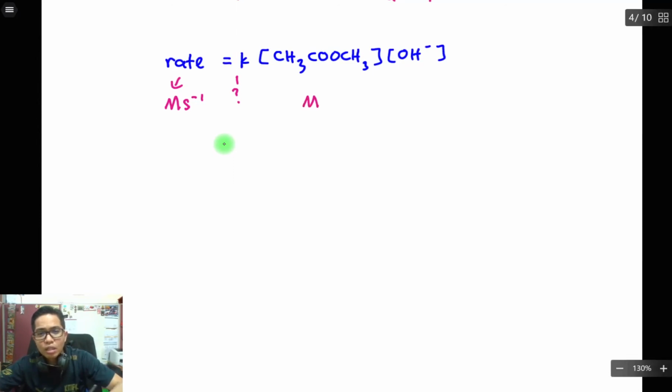Concentration, molarity times with OH minus also molarity. So the unit of K equal to molarity second minus 1 divided by molarity times with molarity. So M cancel out with M. So you will be left with molarity minus 1 second minus 1.